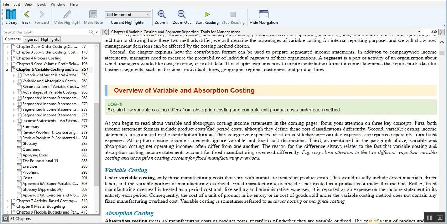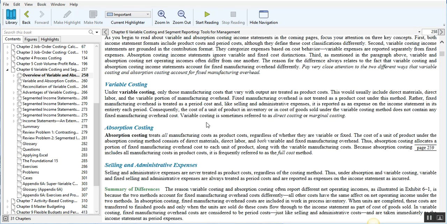First of all, variable costing, like I said earlier, under that approach, the manufacturing costs that vary with output are treated as product costs. Now, if you remember in Chapter 5, when we were calculating break-even points, this is exactly what we were doing when we were doing cost, volume, profit analysis.